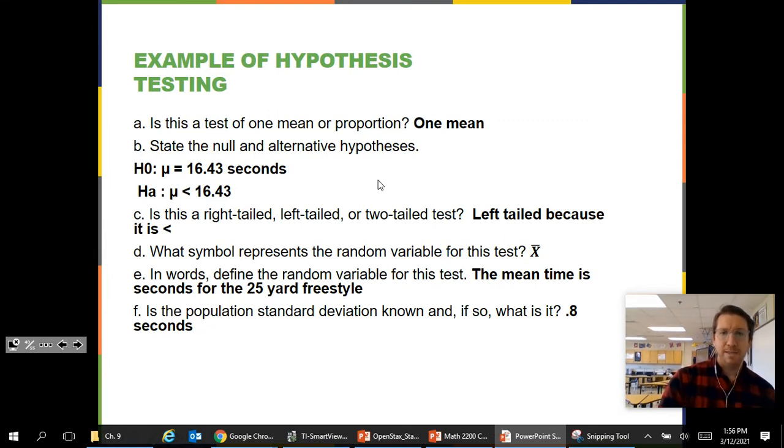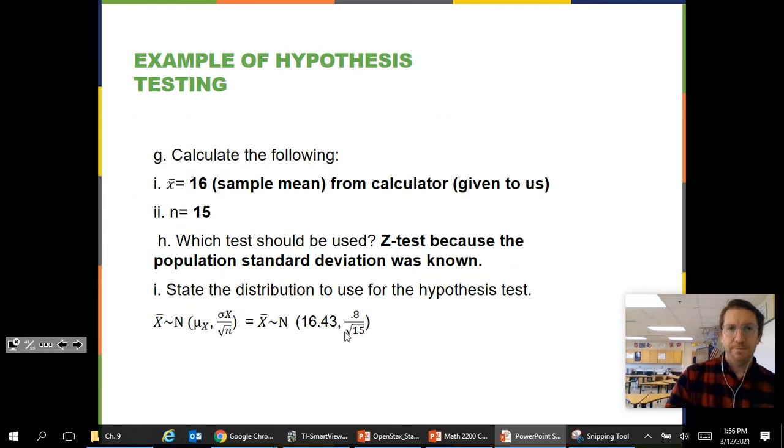What symbol represents the random variable for this test? X bar represents our random variable: the average time in seconds for the 25-yard freestyle. And if the population standard deviation is known, what is it? 0.8 seconds. They give that to us in the problem.